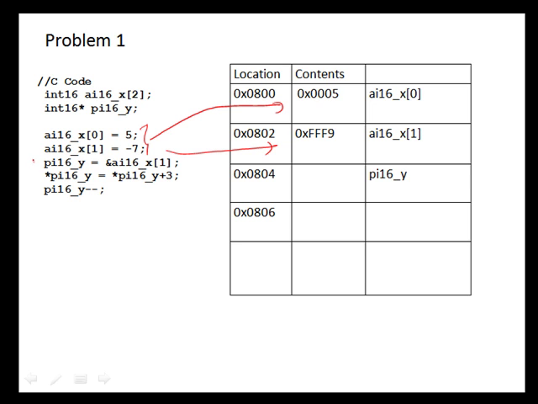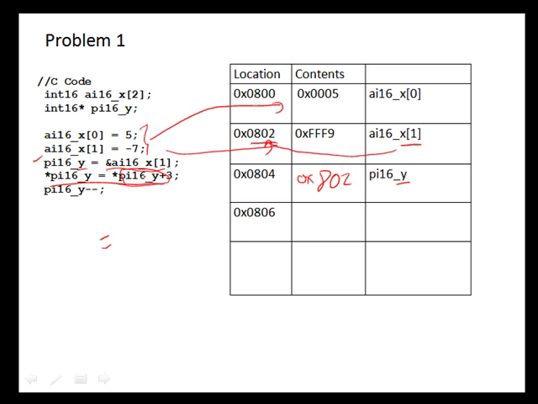So now let's execute this statement here, which is going to say take pointer y and assign to it the address of x of 1. But the address of x of 1 is 802. So our new pointer value of y here is going to be 802. At that point, this statement here is going to say, all right, take what y is pointing at.